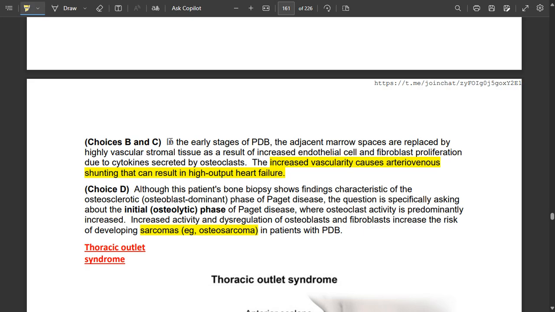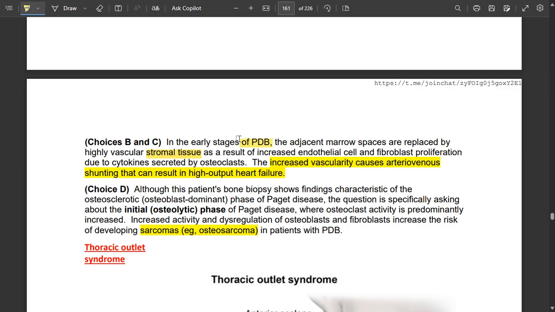In the early stages of Paget's disease of bone, the adjacent marrow spaces are replaced by highly vascular stromal tissue as a result of increased endothelial cell and fibroblast proliferation due to cytokines secreted by osteoclasts. The increased vascularity causes arteriovenous shunting that can result in high-output heart failure.